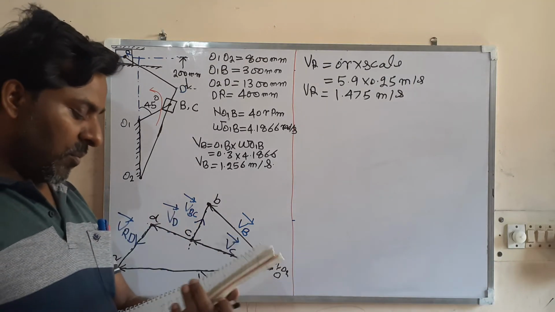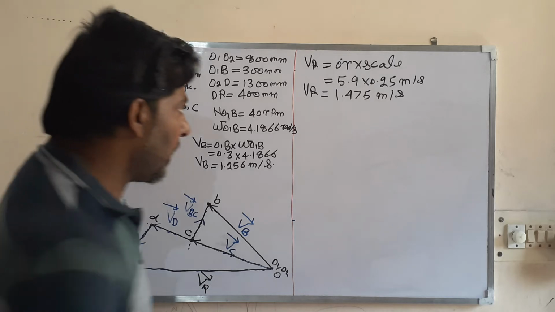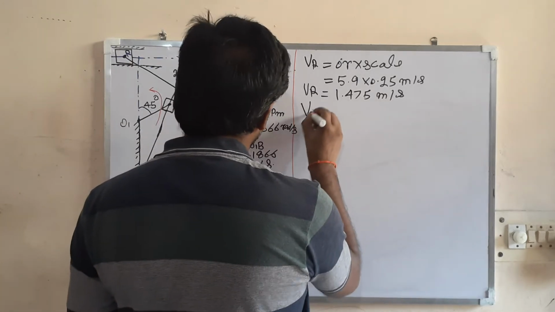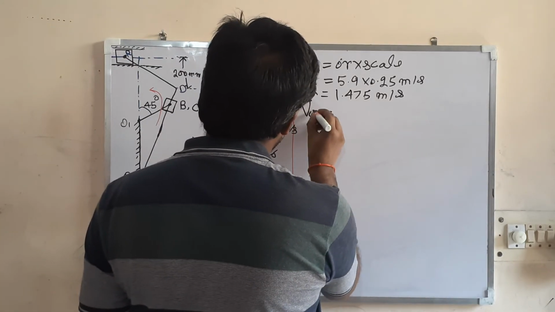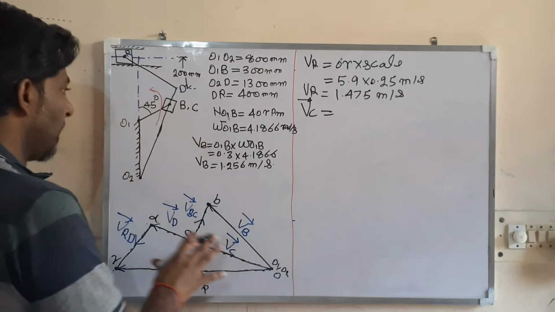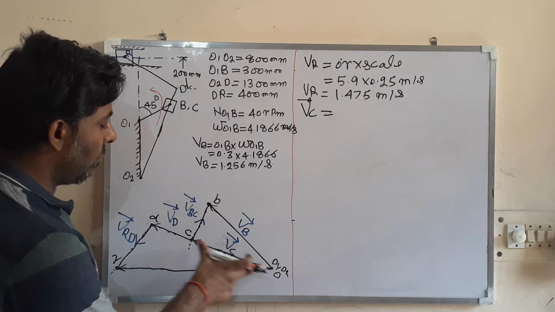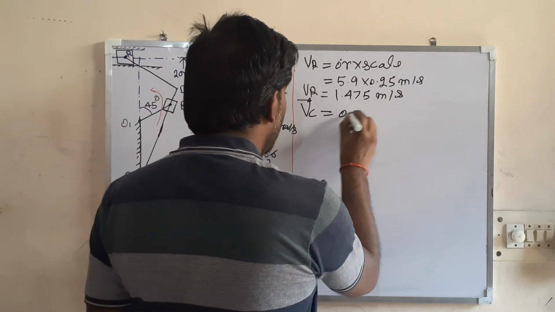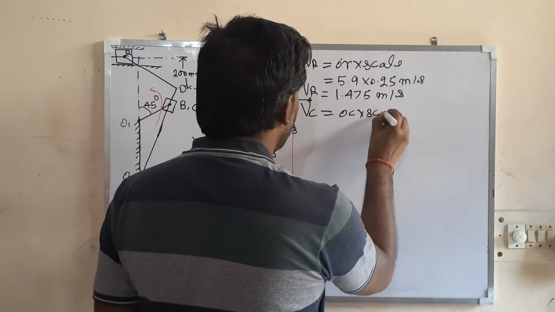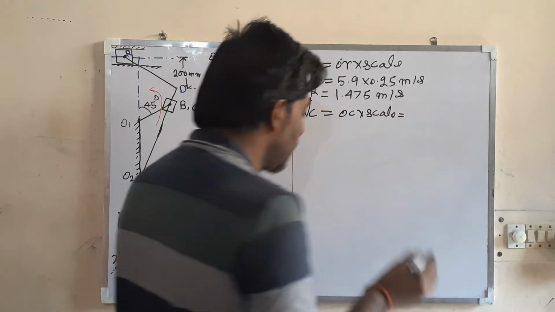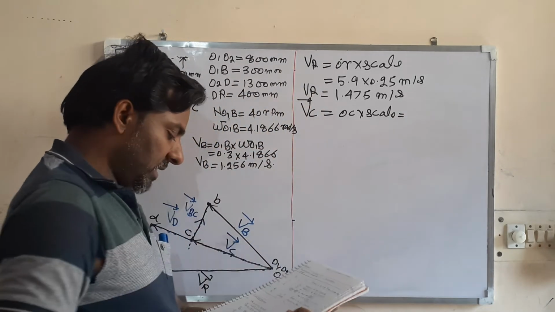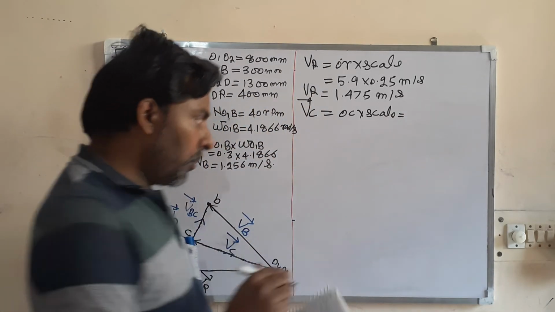Now velocity of point B already you have calculated. Now velocity of point C is asked. Direction is here, just I am calculating the magnitude here. So velocity, this is point C, this OC into scale. By the measurement I am getting OC is equal to 4.2.